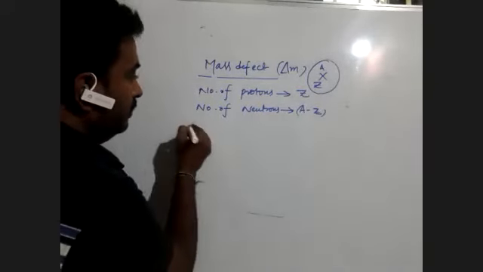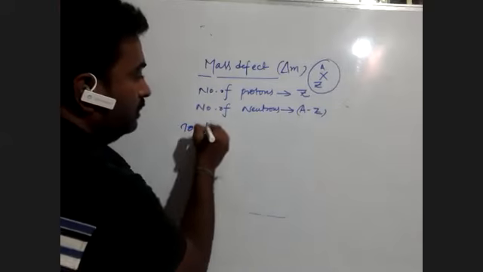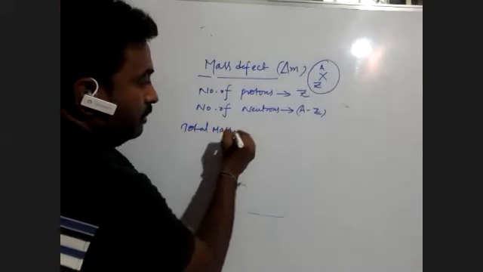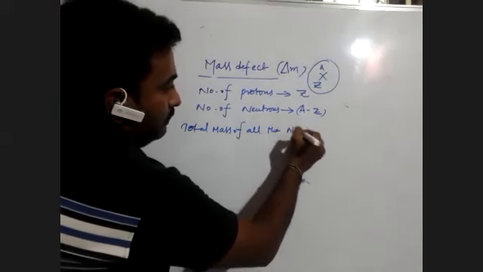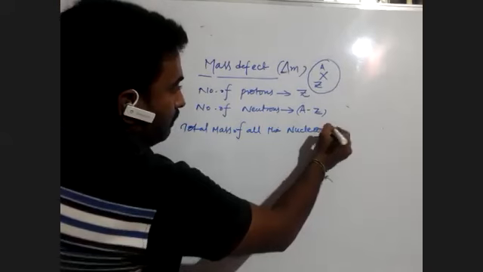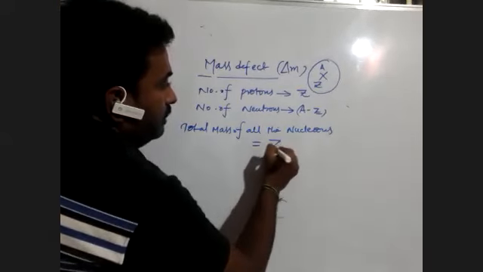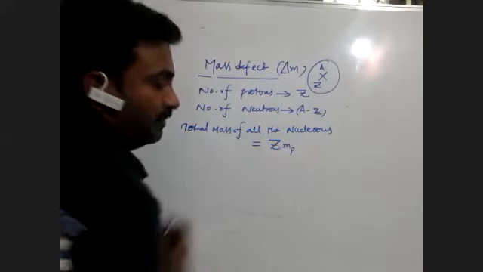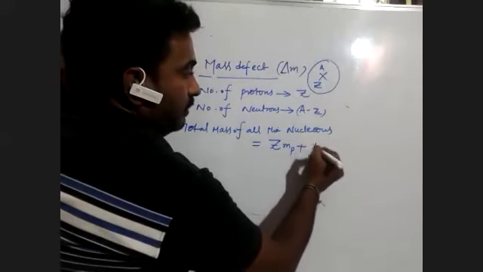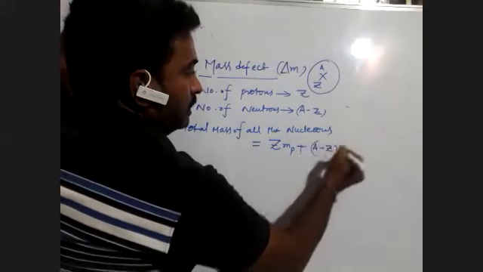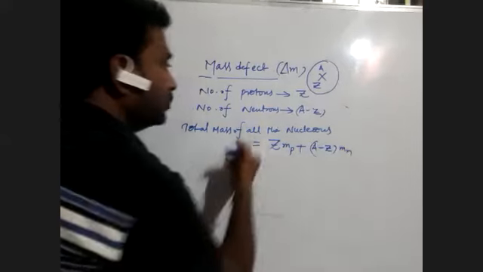Then total mass of all the nucleons equals Z into mass of each proton, which I will take as mp, plus number of neutrons, A minus Z, into mn. This is the total.